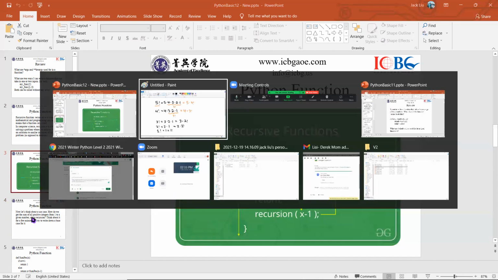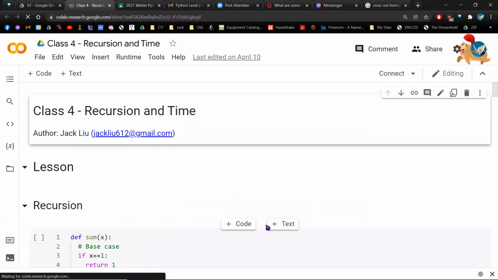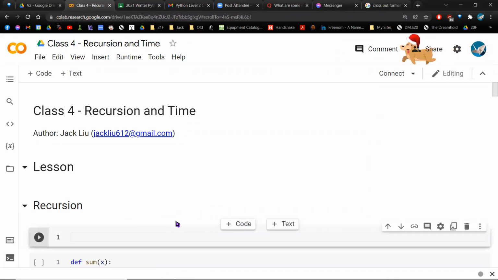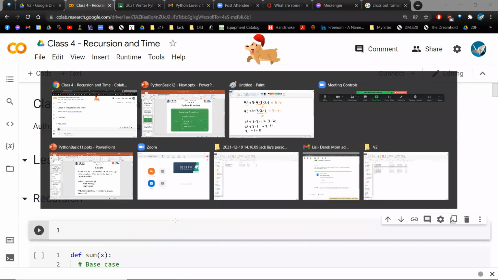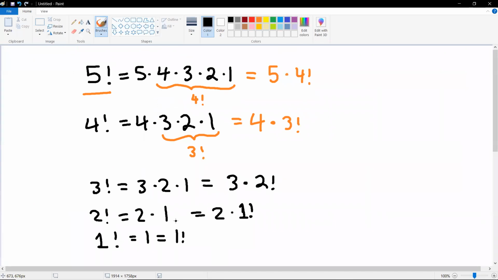So if we go looking at the factorial example, let's try to maybe come up with an idea of coding up a Python function to solve this factorial problem recursively. So I'm going to define the problem a little bit more rigorously.